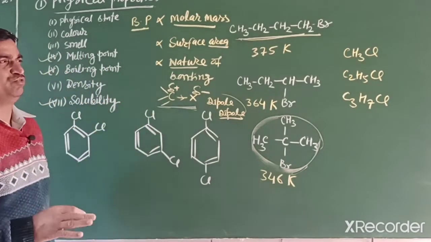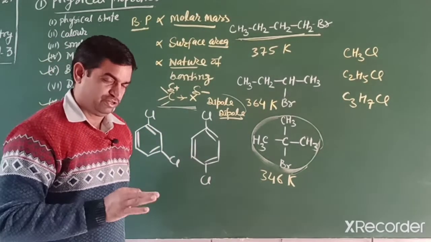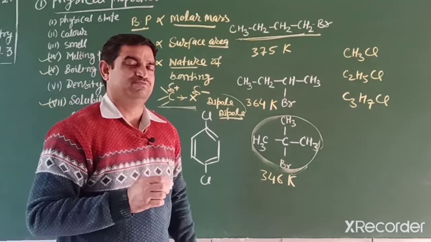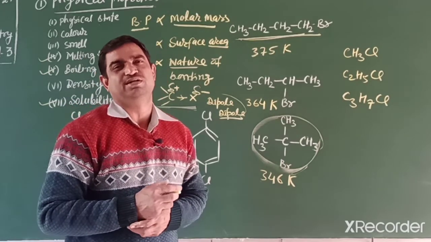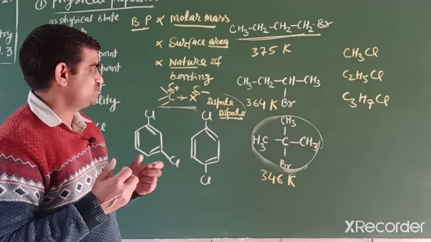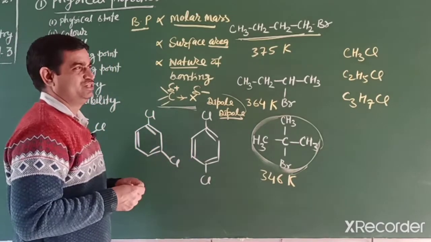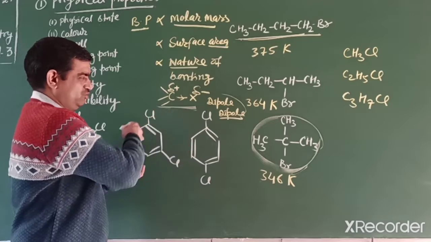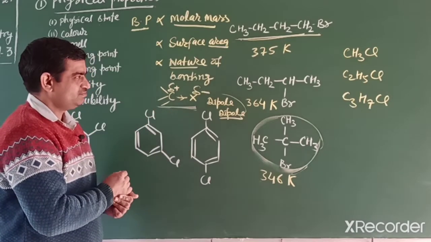So their boiling point is slightly higher than the corresponding hydrocarbon, but lower than alcohols. Reason: alcohols have stronger hydrogen bonds, that is a strong bond. So their boiling point is more than the corresponding haloalkane.